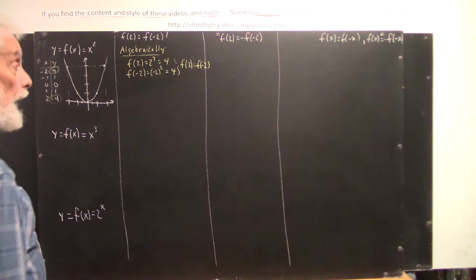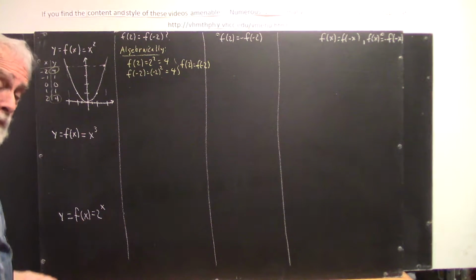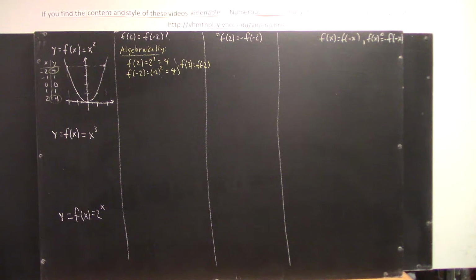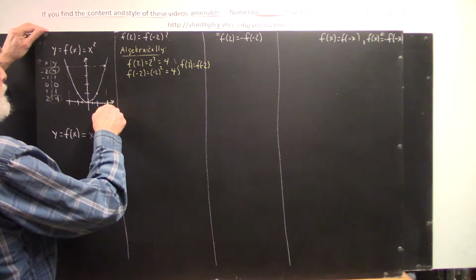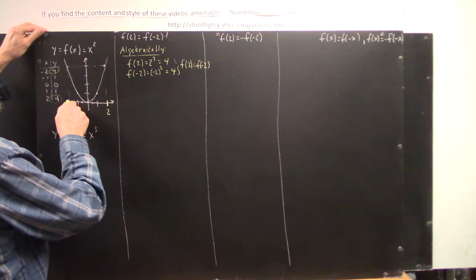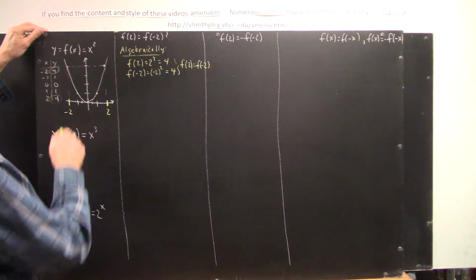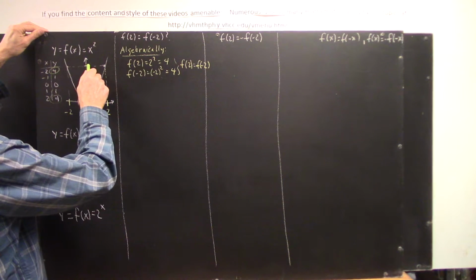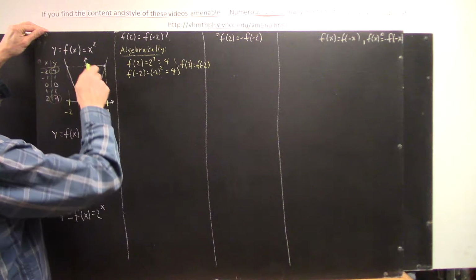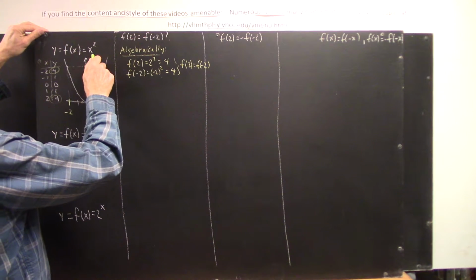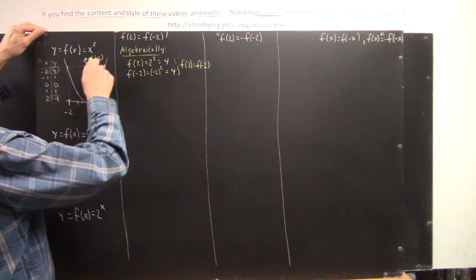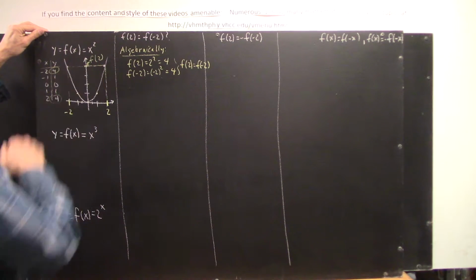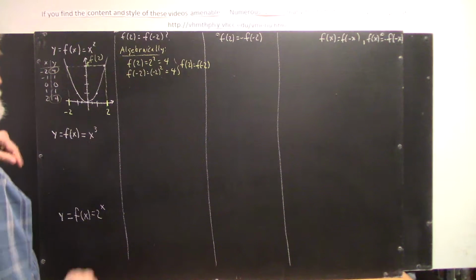If the number we're checking happens to be on the table, we can look at the graph and see that it's true. Here's x equals 2. Here's x equals negative 2. To find f of 2 from the graph, we simply project up to the graph and over, and we find that our value is here. It's this point on the y-axis is the value f of 2.